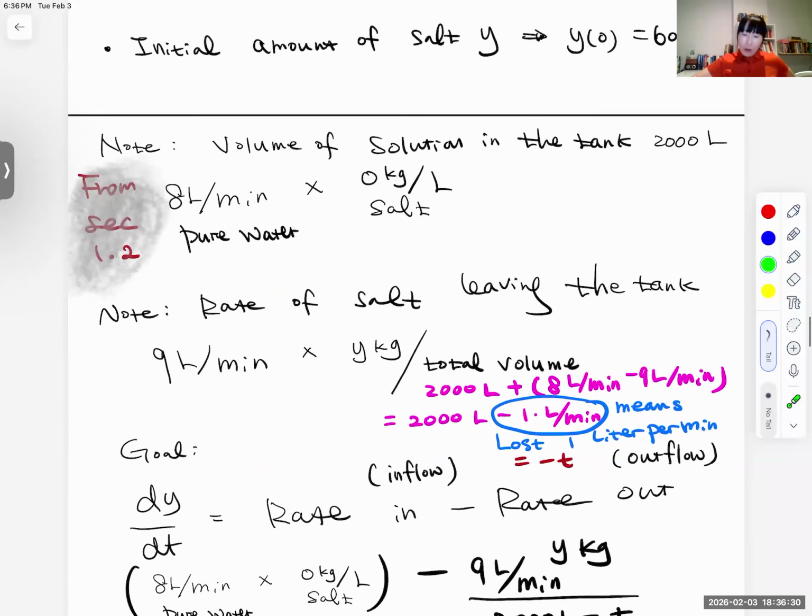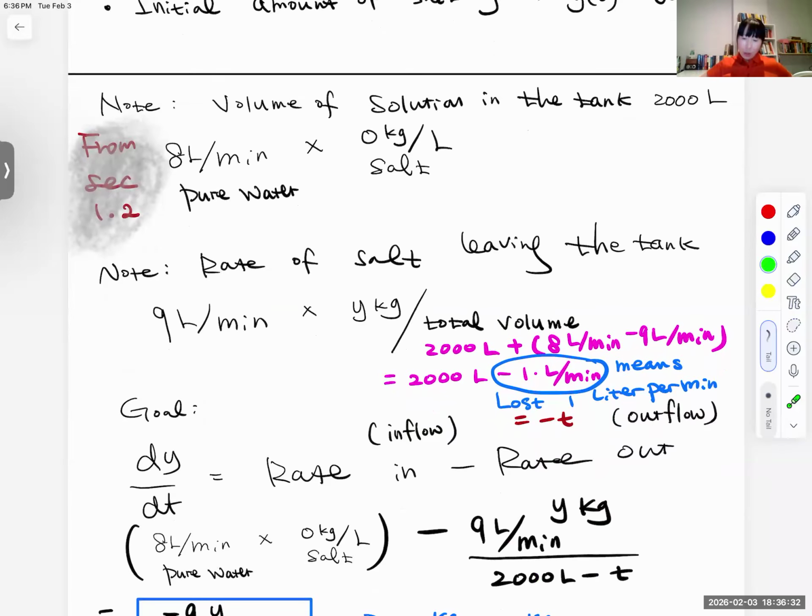Okay, then the volume. The volume of solution in the tank is 2,000 liters. We have pure water coming in at 8 liters per minute, and there is zero salt.